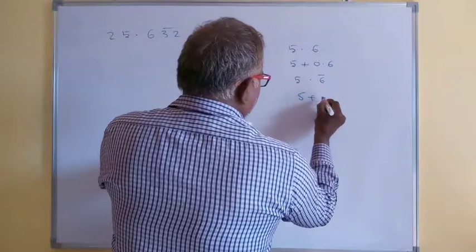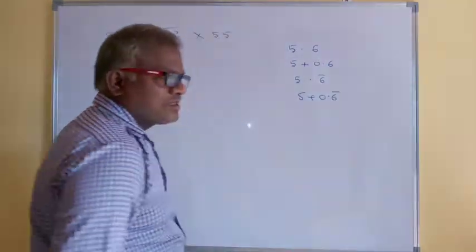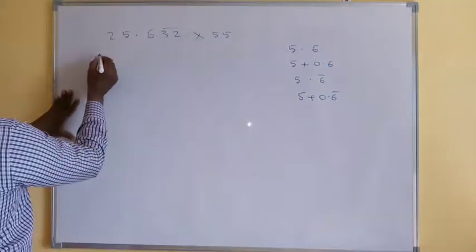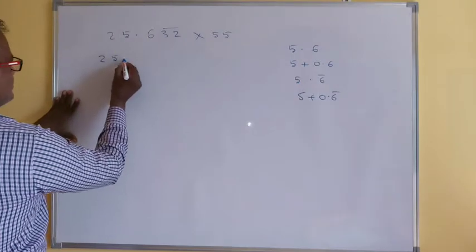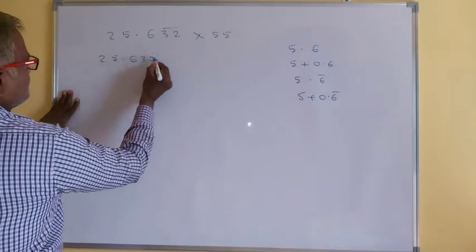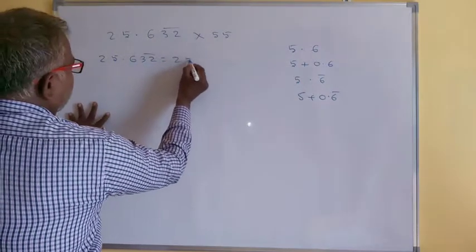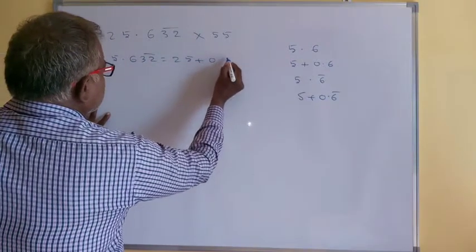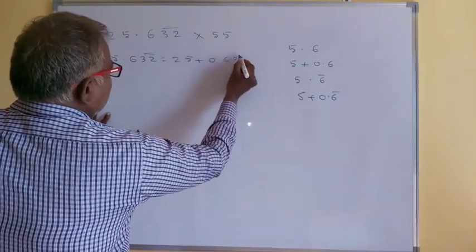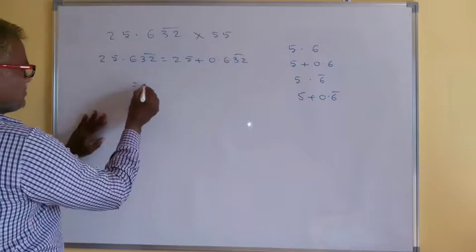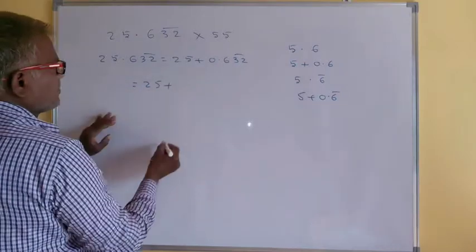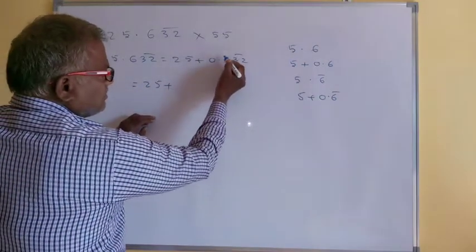You can write 5 plus 0.6 bar. So in the same way, first of all, you should write this one like this: 25 plus 0.632 bar.